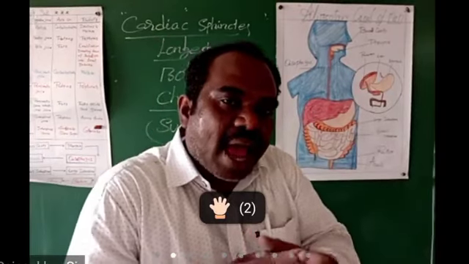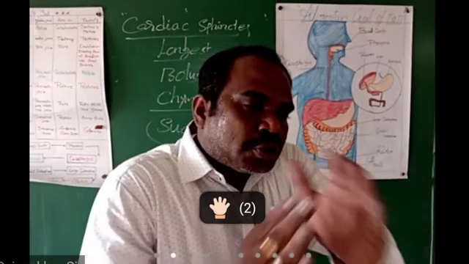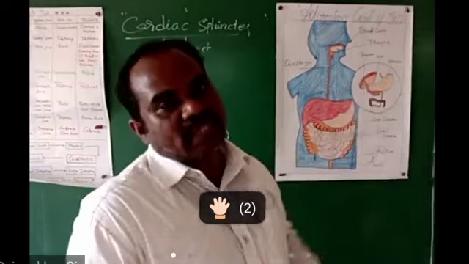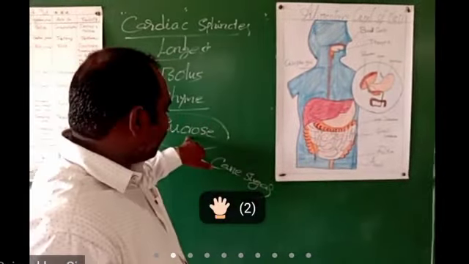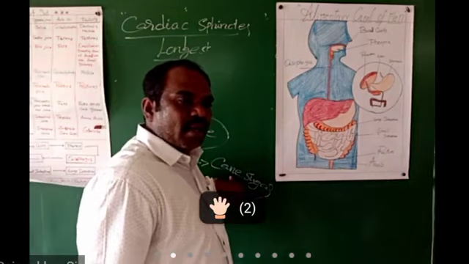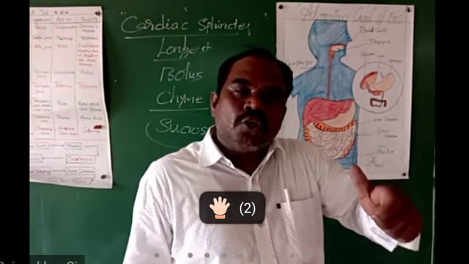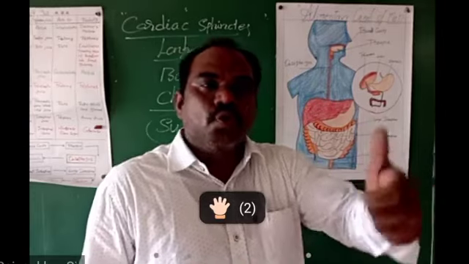The small intestine secretes this enzyme, which is helpful for converting maltose sugar into glucose.